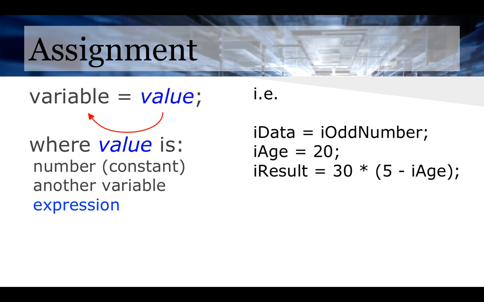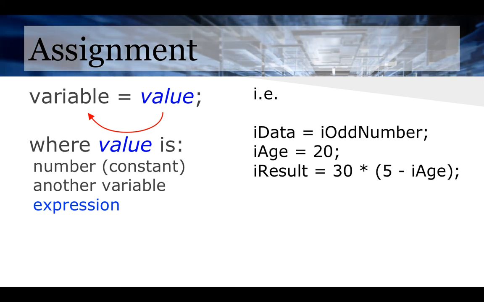Now, the assignment is quite easy. Basically, you have the variable name, you provide the equal sign, and then you provide the value, and you end with a semicolon. We already said that. But the thing is that what you can assign to a variable is not only a number, a constant.